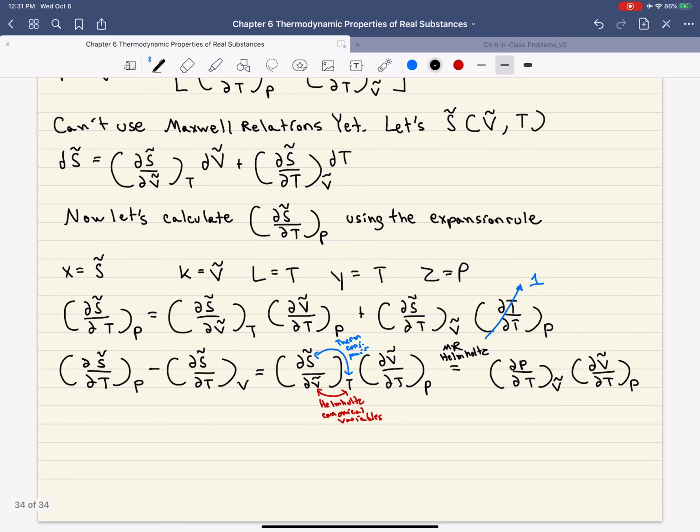And so what we get in the end is that Cp minus Cv can be rewritten in terms of only volume, pressure, and temperature.